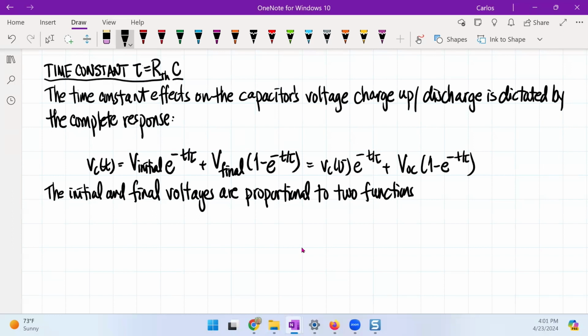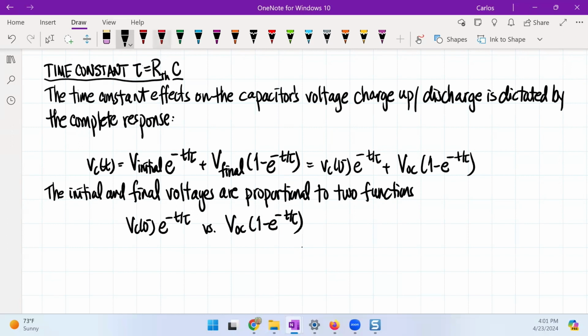In other words, we can clearly see that VC going towards VOC, and let me be careful here. So we're finding that we have VC of 0 times e to the minus t over tau versus VOC times 1 minus e to the minus t over tau.